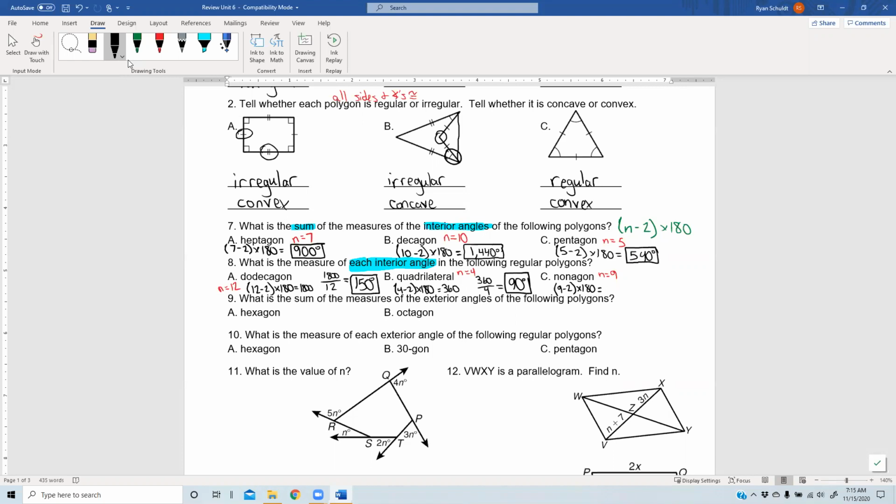I can't do this one in my head. 1260. Then I've got to come over here and say, okay, well, 1260 divided by 9 is 140 degrees.